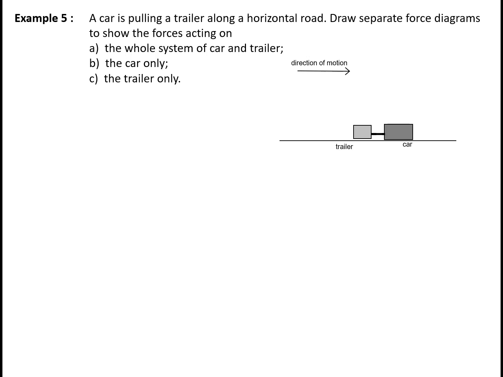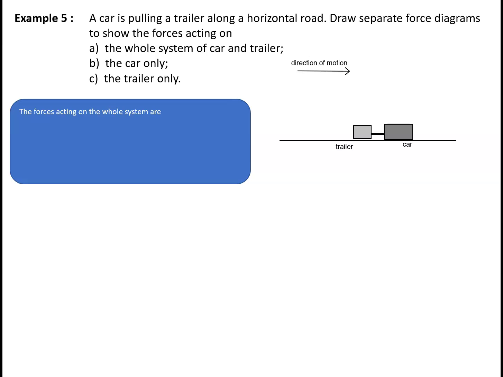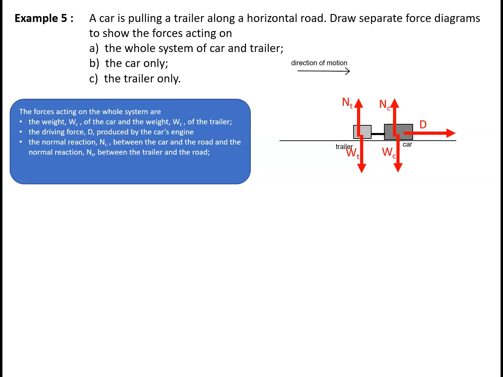So, for the whole system, first of all, the forces that we've got acting are the weight of the car and the weight of the trailer, the driving force produced by the car's engine, the normal reaction between the car and the road, and the normal reaction between the trailer and the road, and then the resistance to motion of the car and also the resistance to the motion of the trailer.